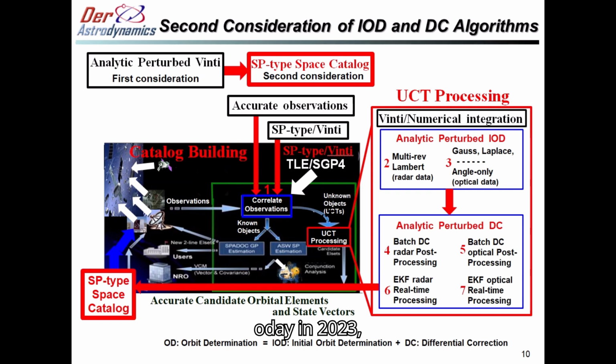Today, in 2023, accurate optical observations collected by less than $100,000 electro-optical systems are accurate up to 5 or more digits beyond the decimal in degrees. As a consequence, accurate state vectors can be computed by analytic perturbed IOD and DC algorithms, and in turn, efficient and accurate SP-type space catalog building and space domain awareness SDA.